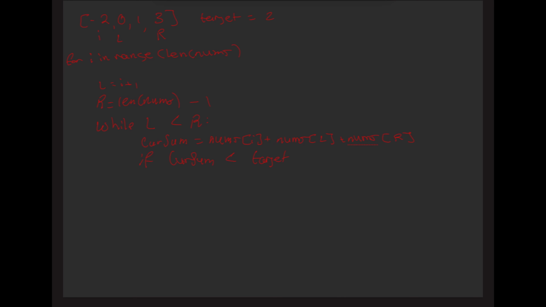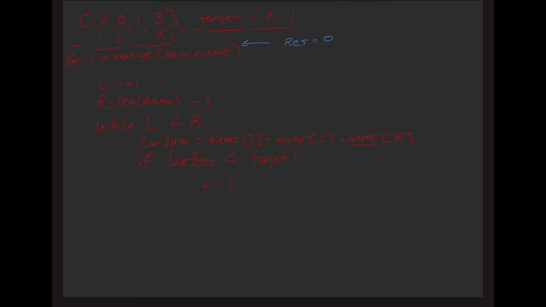By the way, I will have a result variable, and I'm going to add it right above the for loop and initialize it to 0.